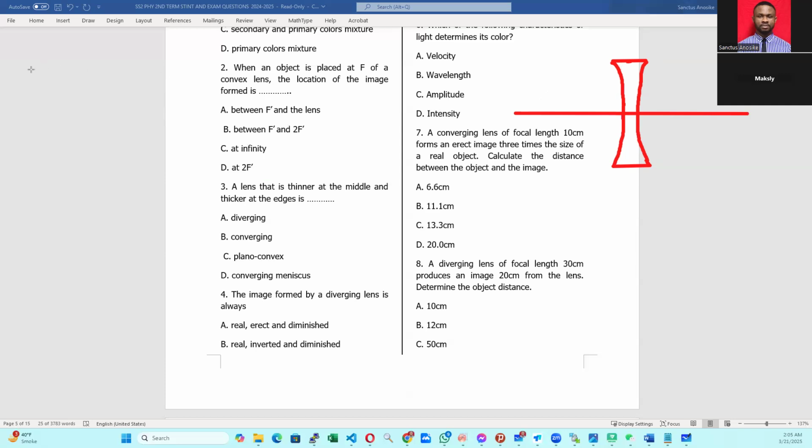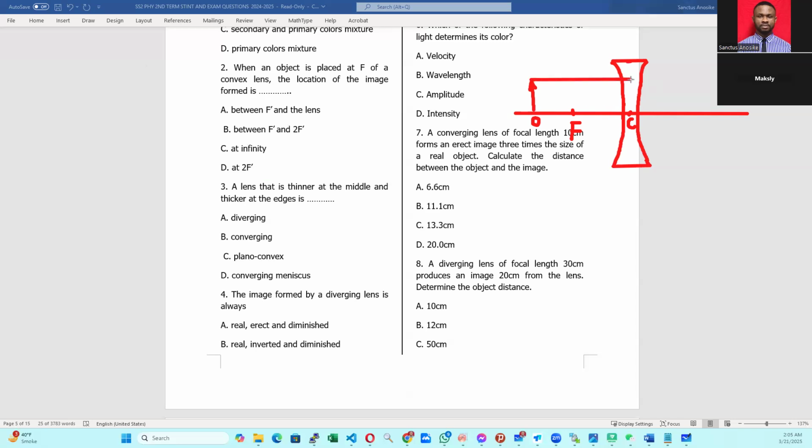You see, this is a diverging lens. You have the focus somewhere here, and then you have the optical center here. If you place the object anywhere here, irrespective of the position of the object, the image formed is always virtual, erect, and diminished.